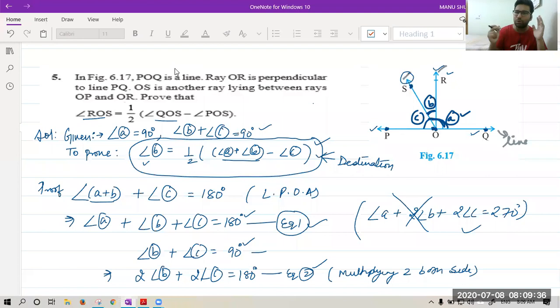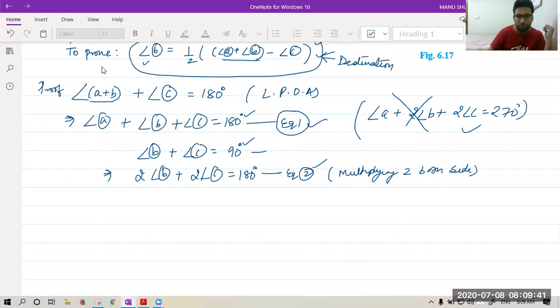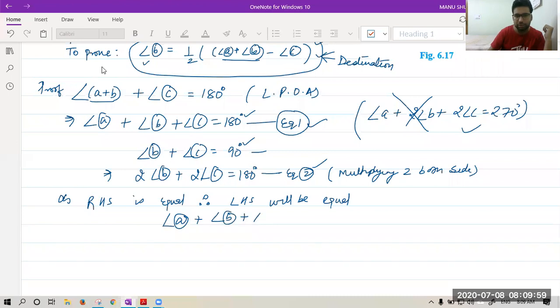As the RHS is equal, therefore LHS will be equal, and hence we have got angle A plus angle B plus angle C is equal to twice angle B plus twice angle C. So we have won half of the fight. We have brought together all the variables and we got rid of the angle part. So we are very close to our answer.